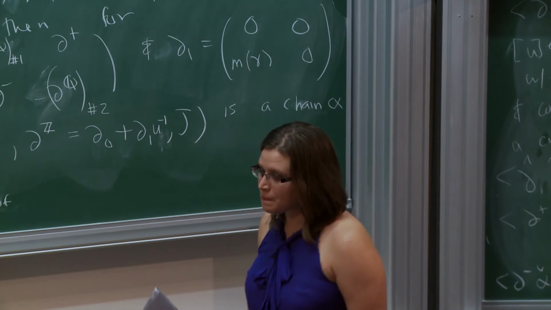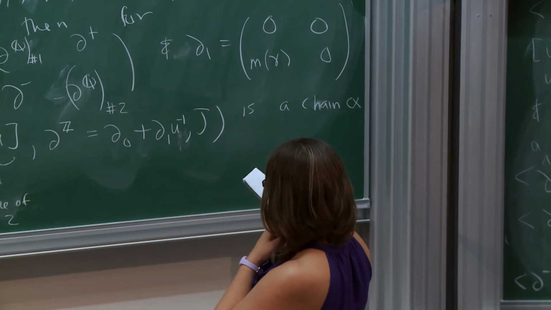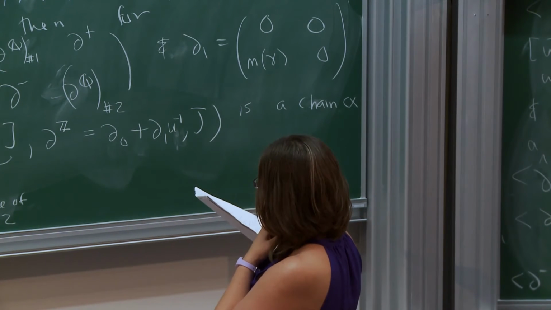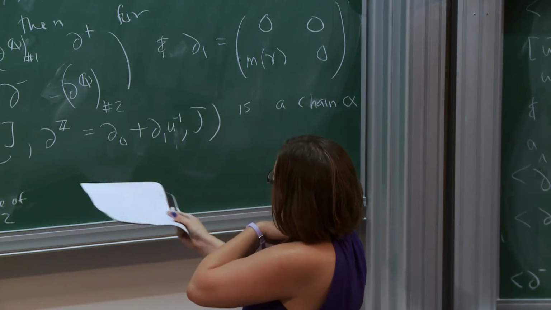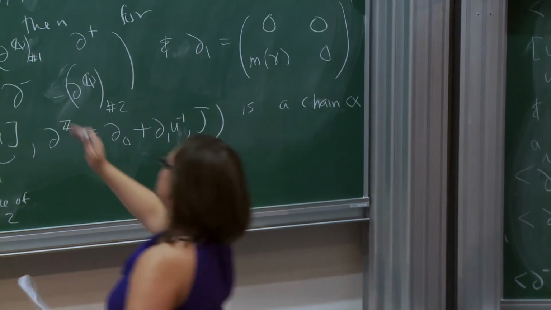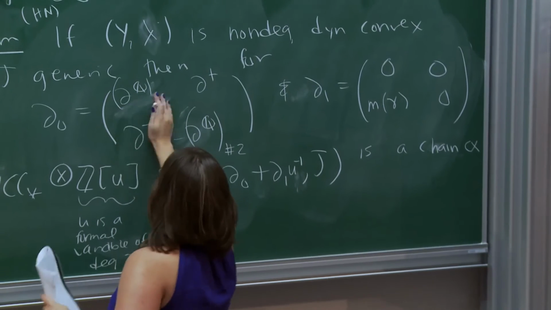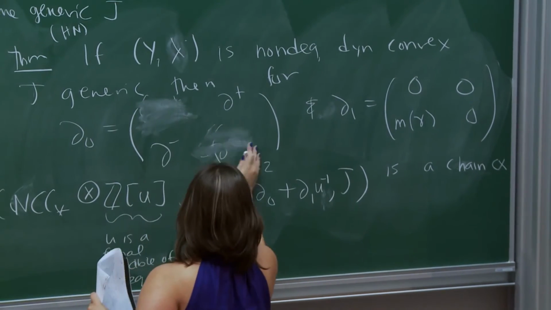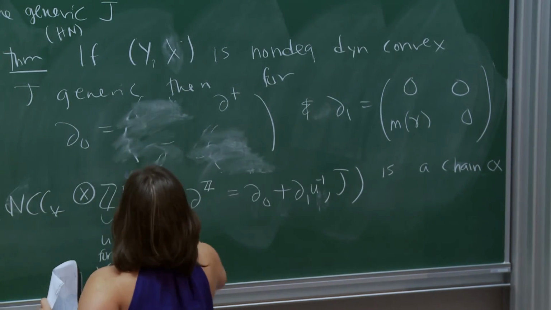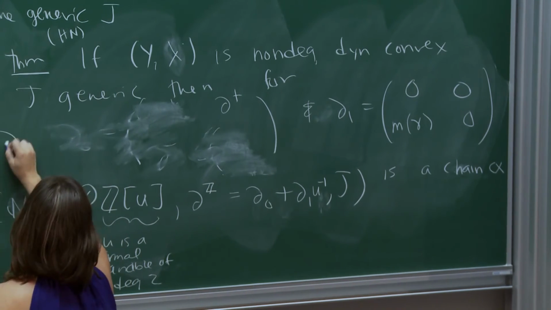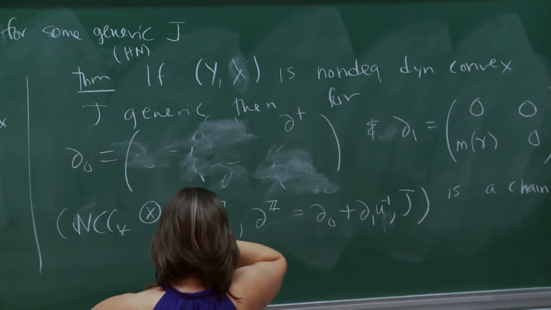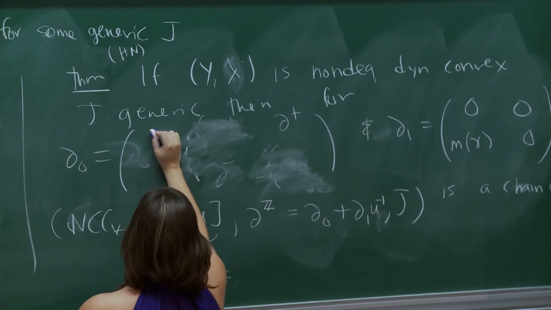No, but then, so the degrees of D0 are coming from a complex where the bad orbits. Oh, okay. This isn't technically this differential. I should have written something like this is counting.